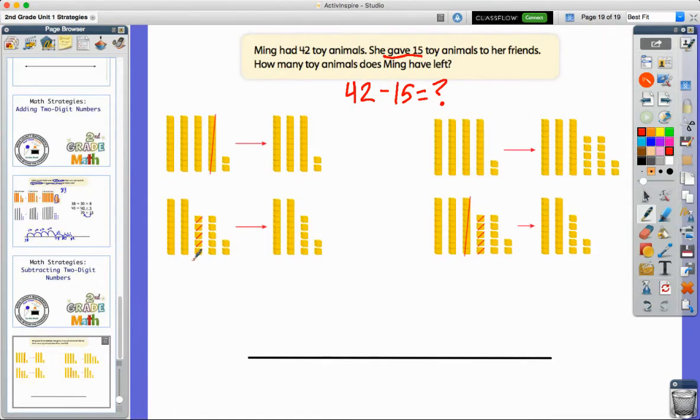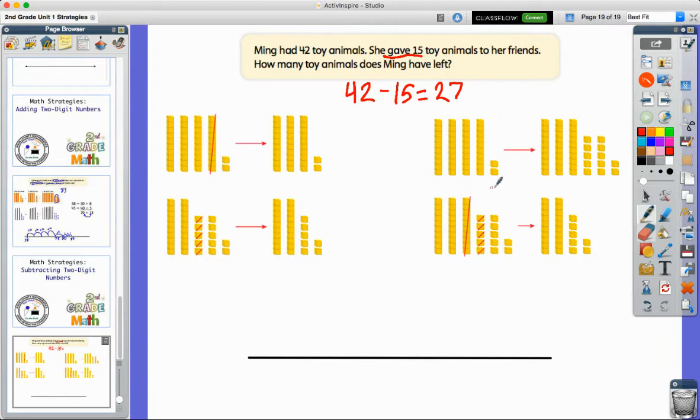And so they show you that here where they've marked out the 5 ones, and we still have 5 and 2 left over. So our answer would be 20, 5, 6, 7. So we know the answer to our problem is going to be 27.